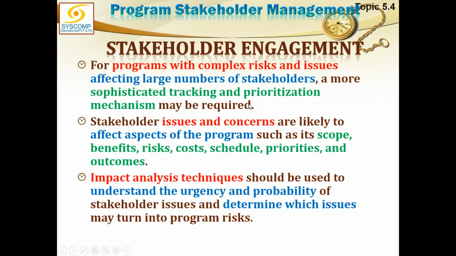For programs with complex risk issues affecting a large number of stakeholders, a more sophisticated tracking and prioritization mechanism may be required. Impact analysis should be used to understand the urgency and probability of stakeholders' issues and determine which issues may turn into program risk.